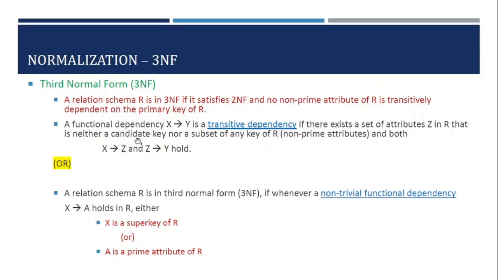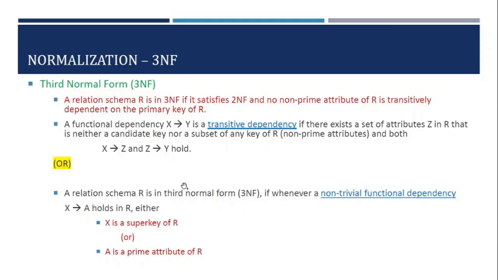When we have, say, X determines Z and Z determines Y, and both of these functional dependencies are present in a relation, then from X gives Z and Z gives Y, we can be sure that X also determines Y indirectly. That is called a transitive dependency. And for a relation in third normal form, there should not be any transitive dependencies.